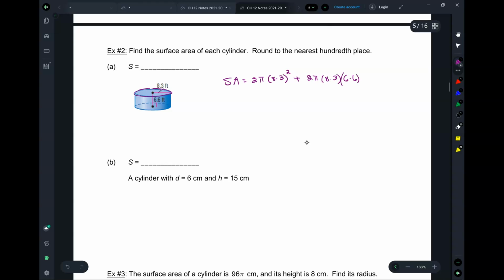Right? And if you just memorize the formula, which you're going to have to, if you just say it out loud to yourself, and then just write it down, 2 pi r squared plus 2 pi r h, it's usually very straightforward. This becomes 777.04 square feet.